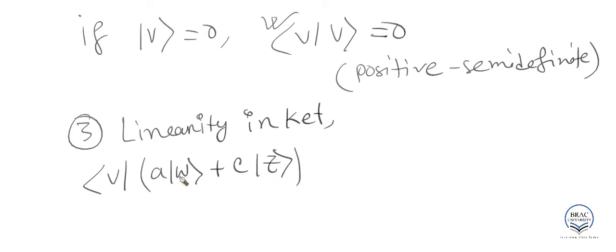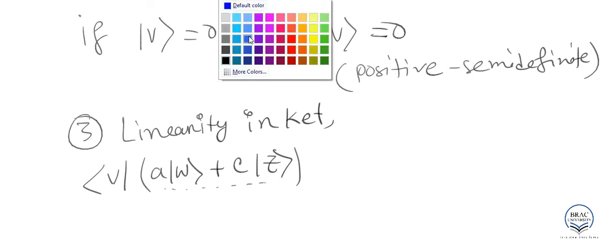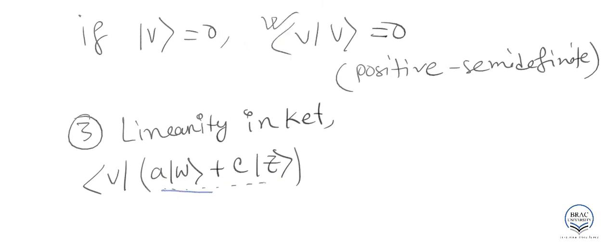Here we have some ket, you could define it as, let's say, psi, and that psi is a linear combination of two kets, that is w and z, and a and c are scalars that correspond to the field over which the vector space is defined.